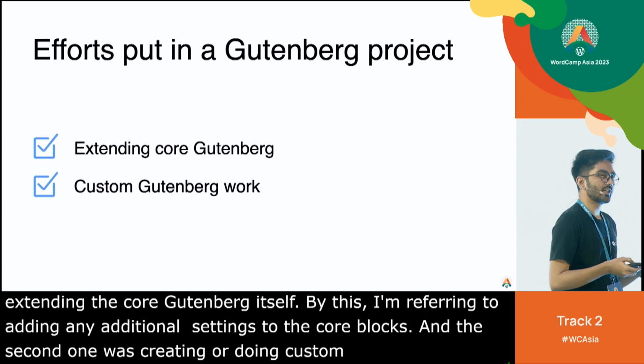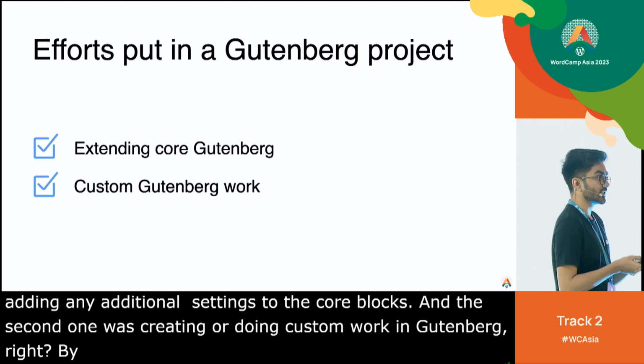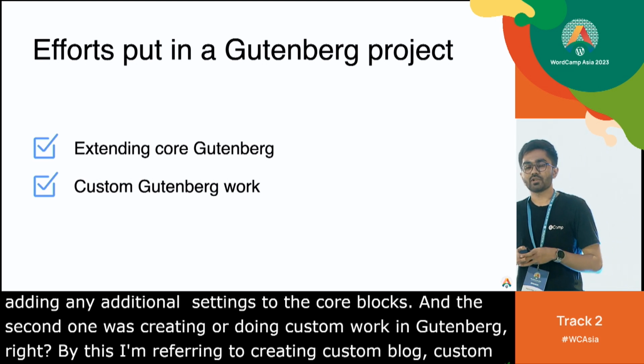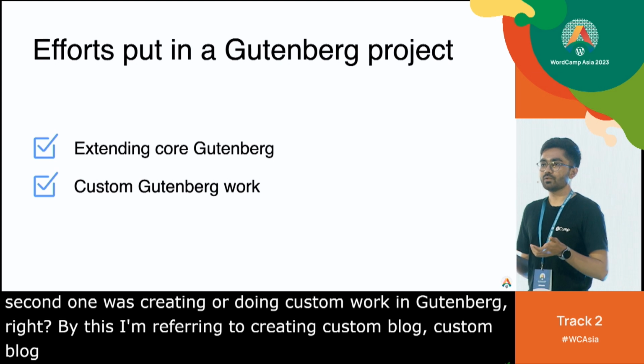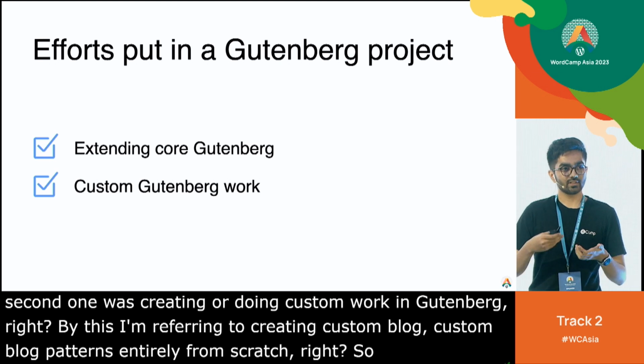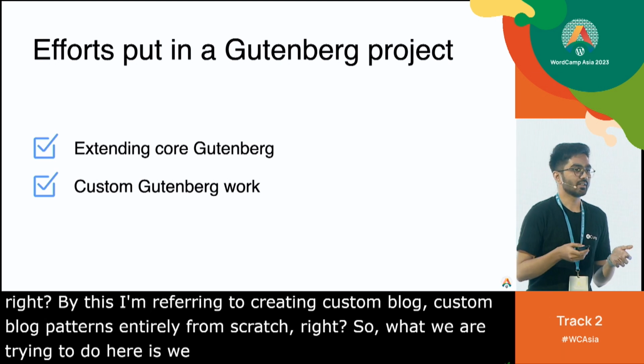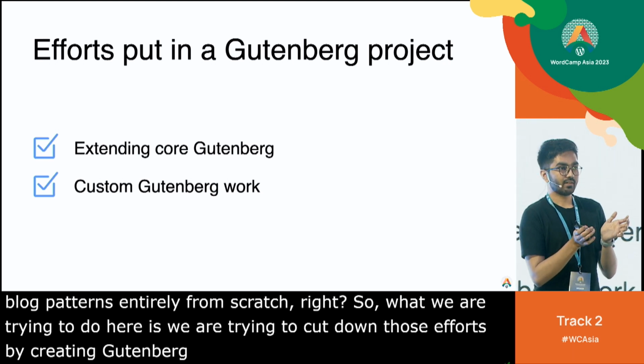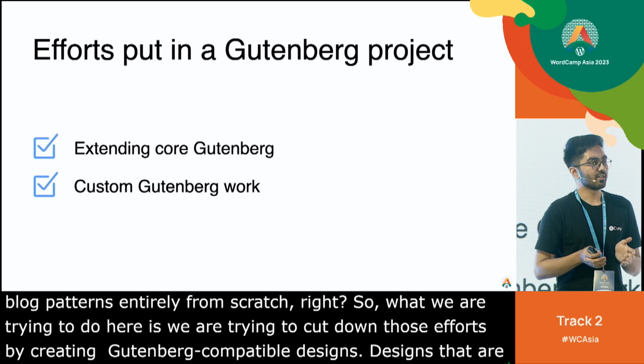By this, I'm referring to creating custom blocks or custom block patterns entirely from scratch, right? So what we are trying to do here is we are trying to cut down those efforts by creating Gutenberg compatible designs that are much easier to implement in Gutenberg.